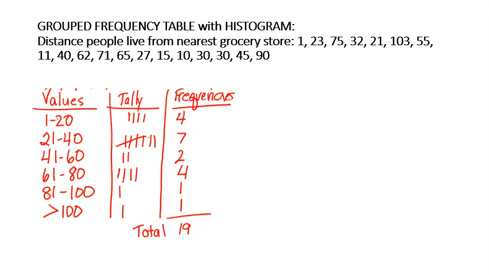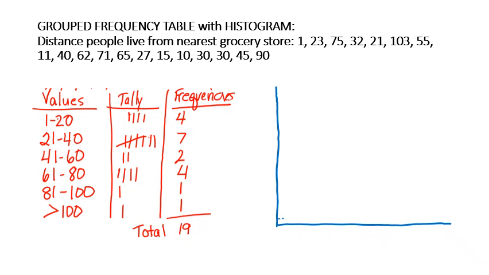Next, we're going to demonstrate a grouped frequency table using a histogram. This is the groupings that we made in our previous class, and now we're going to illustrate these with a histogram. So once again, let's start with our axes. Here across the bottom, we'll put the x-axis where the values will go. Up on the side, we'll put the y-axis where the frequencies will go.